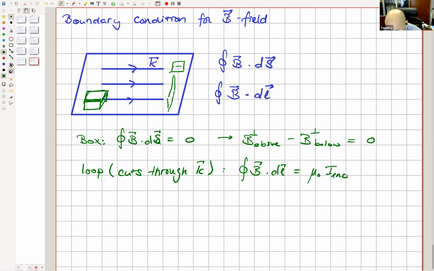This is just how much there is for me to enclose, which I can simply write as mu naught K L. In this case, the integral is just B above minus B below, times L.